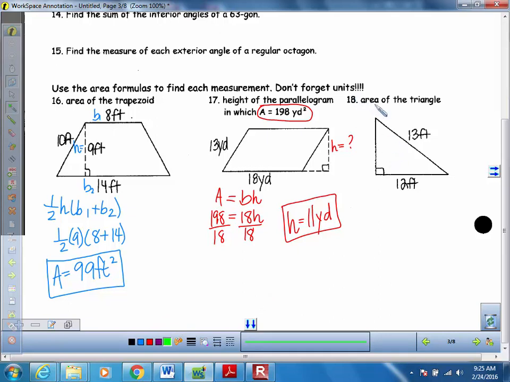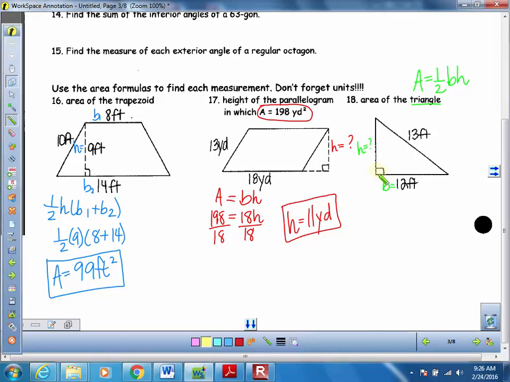All right, and so on 18, they're asking us for the area of a triangle this time. So the area formula for a triangle is 1/2 base times height. In this one, I know that 12 is my base, but I don't have my height here either. The key to this is the fact that this is a right triangle. So if it's a right triangle, we know we can use the Pythagorean theorem.